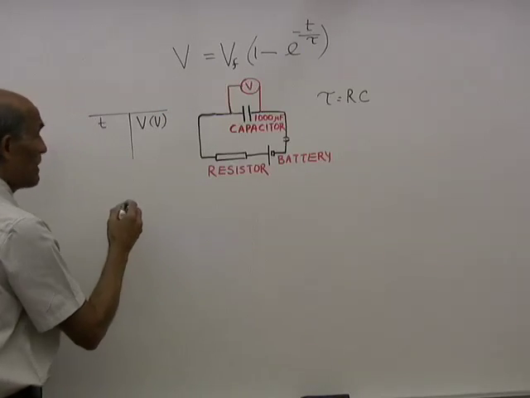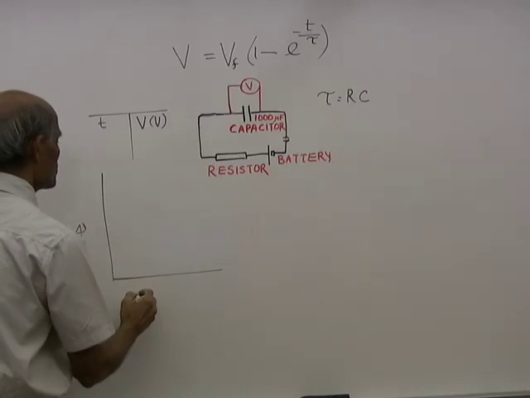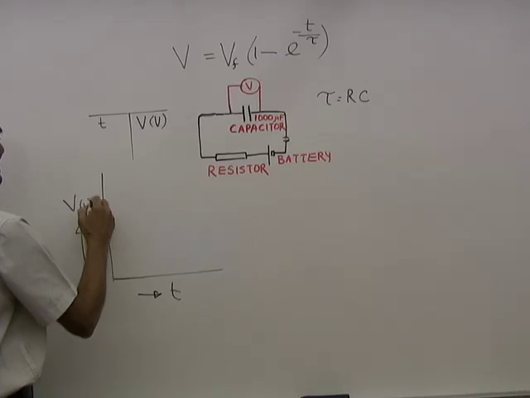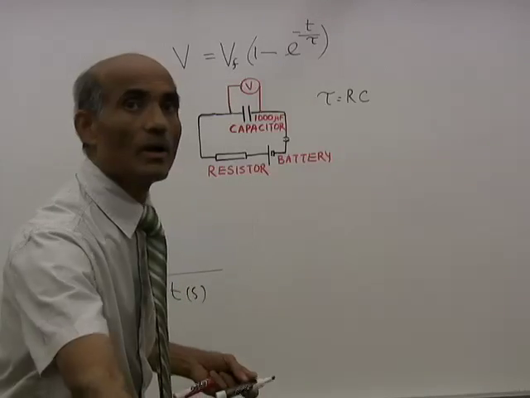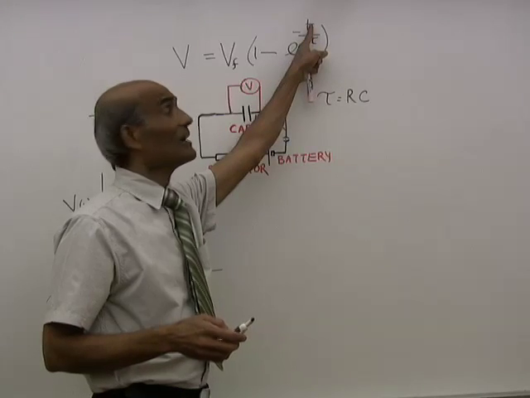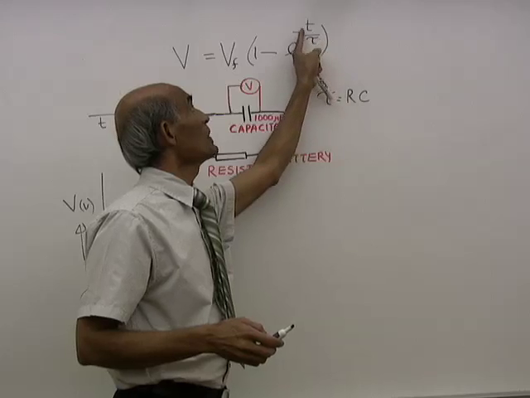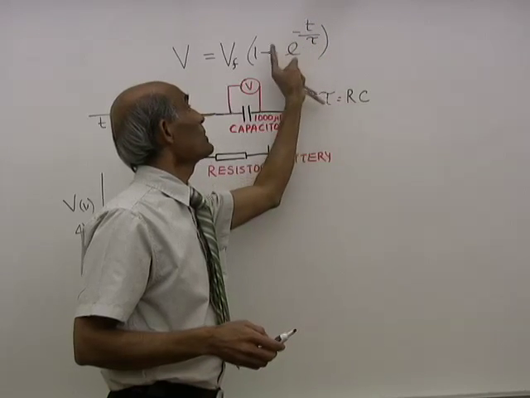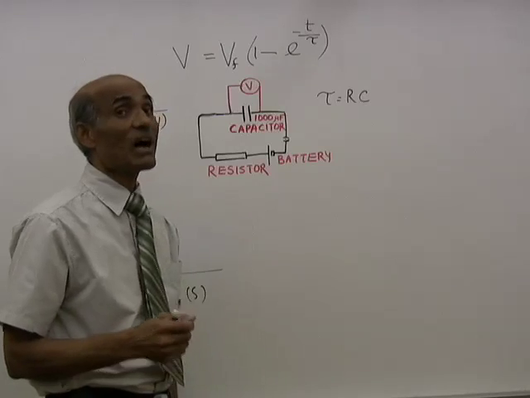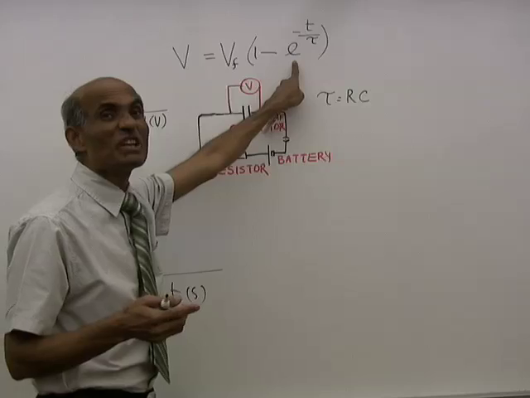And how will the graph of this look like? If you draw a graph of voltage against time, what happens as time increases? As time increases, this quantity will increase. That means 1 minus e to the negative t over tau will actually increase, because this quantity is going to decrease.